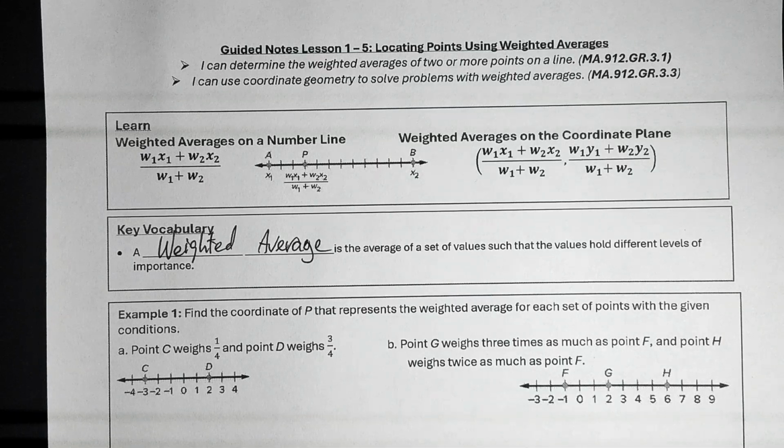Daytona does more business than Jacksonville, so they would weight it accordingly and use the formula like this. The location would be slightly closer to Daytona than Jacksonville, so it might be Palm Coast instead of St. Augustine. Anyway, it'd be just closer to Daytona.